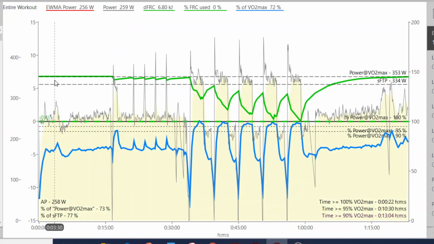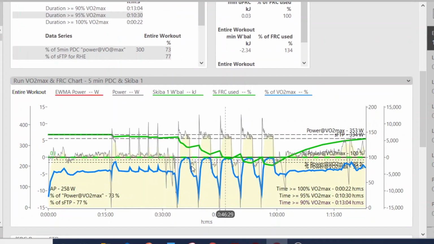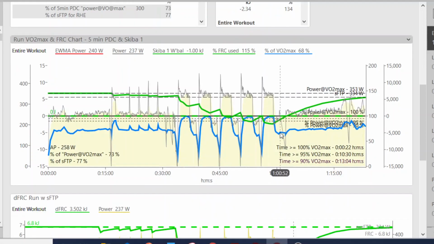Okay, so just a side note on dynamic FRC. Again, some of the early models were developed by Dr. Skiba and other co-workers. In fact, Dr. Skiba had a couple of different models.